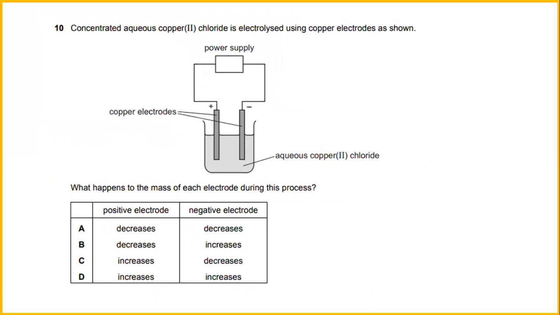Concentrated aqueous copper(II) chloride is electrolyzed using copper electrodes as shown. What happens to the mass of each electrode during this process? For the positive electrode, there will be a decrease of mass, and for the negative electrode, there will be an increase of mass.